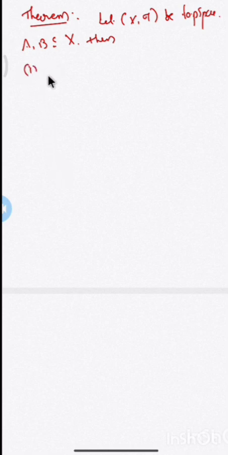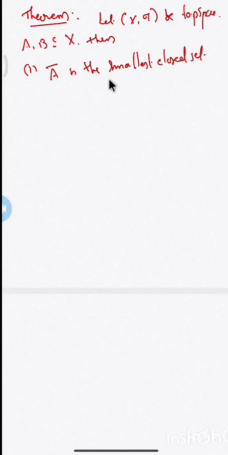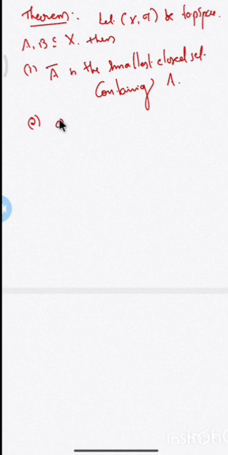First, A closure is the smallest closed set containing A. Second property, the closure of phi is always equal to phi. And third property, if A is contained in B, then A closure is contained in B closure.